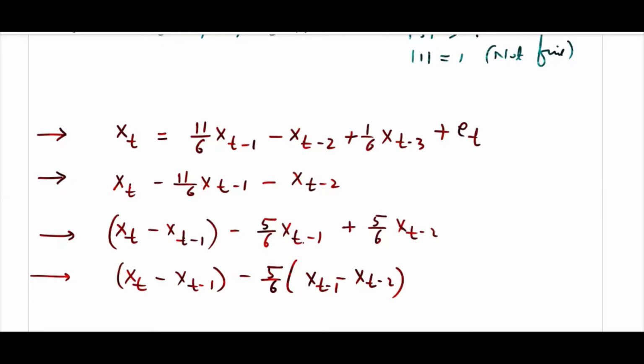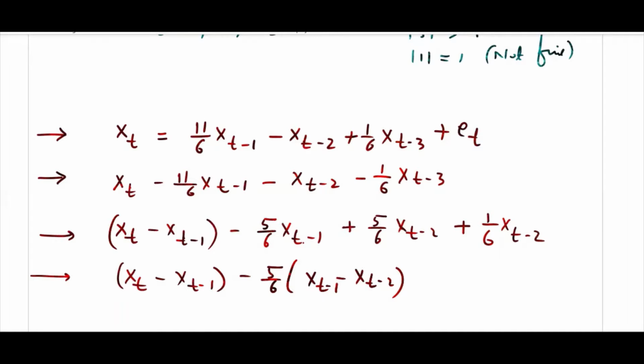So 1 upon 6 minus 1 upon 6 X_{t-2}. This is 5 plus 6, 1. But I had to write minus here because it was minus.